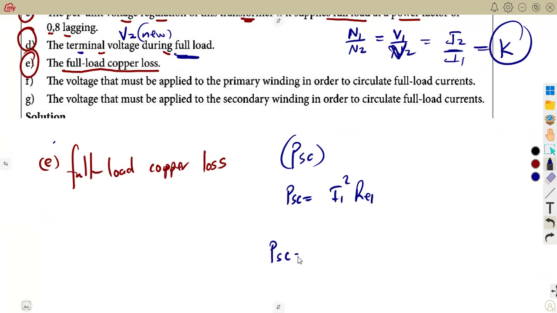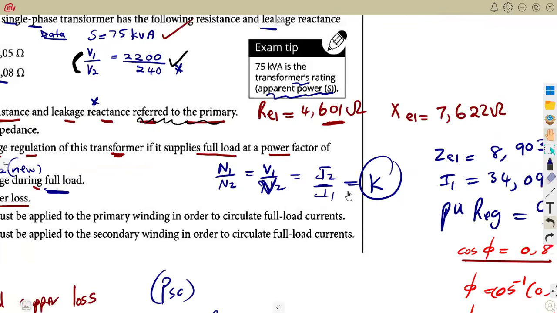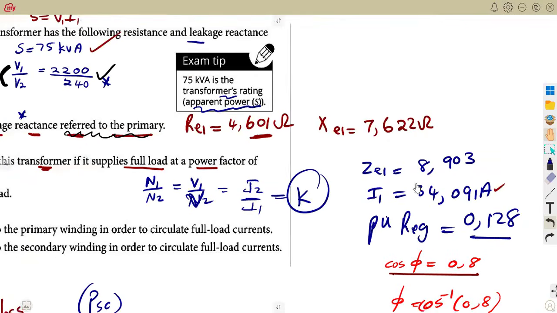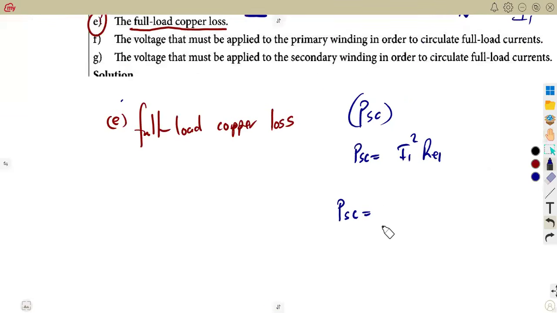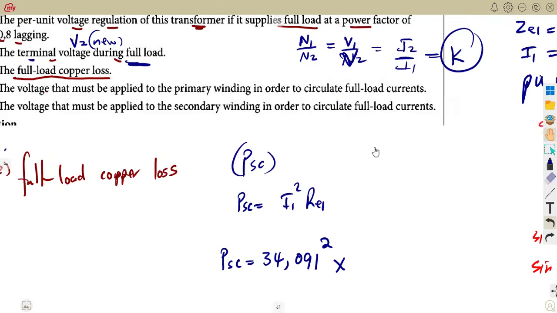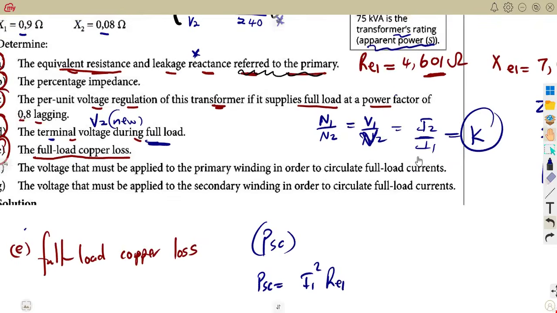I1, remember we have it: it was 34.091. So it's just a matter of substitution. If you understand the formulas, guys, you're not going to worry about this subject, because you have to work with what you calculate. Do not calculate something else new.